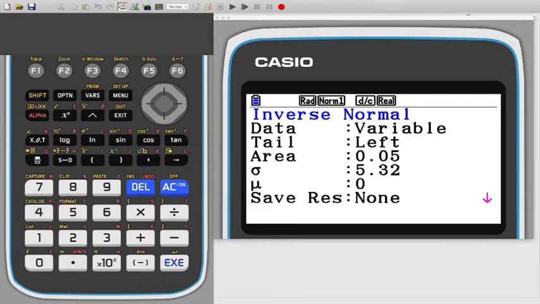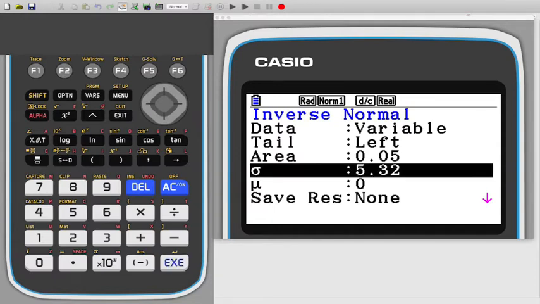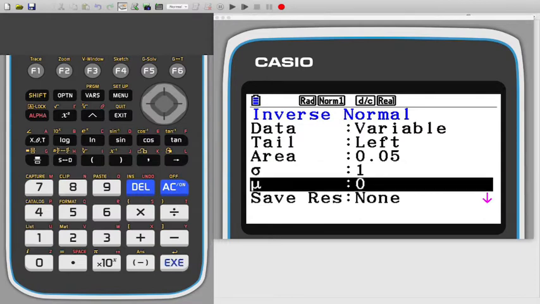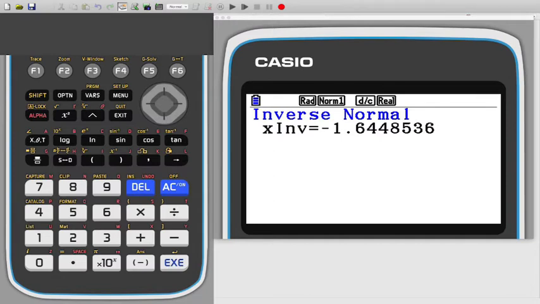Then you need to enter the standard deviation to be 1 and the mean to be 0. And if we keep pressing S, we get the minus 1.64485.